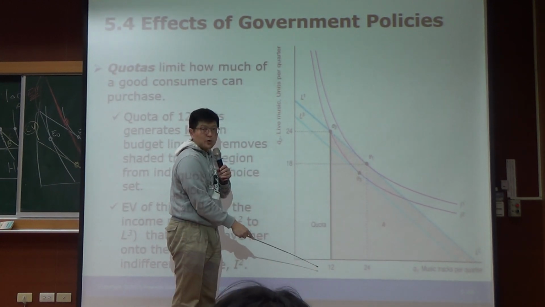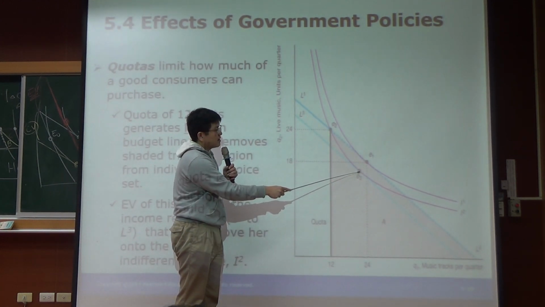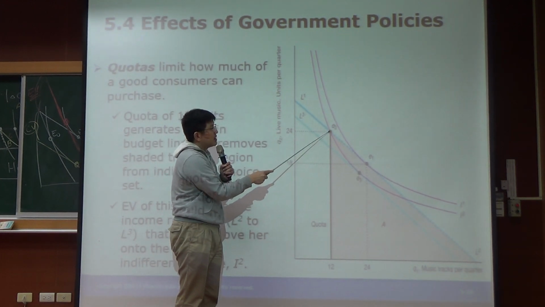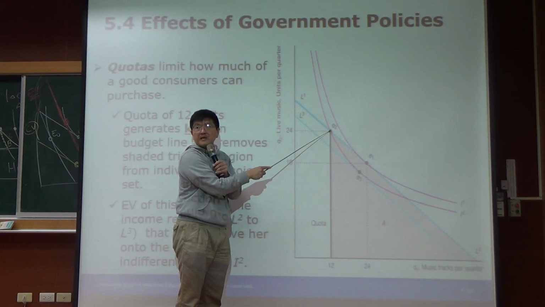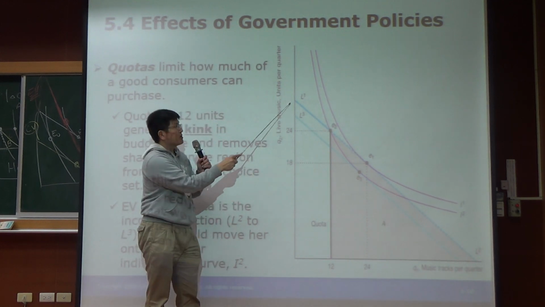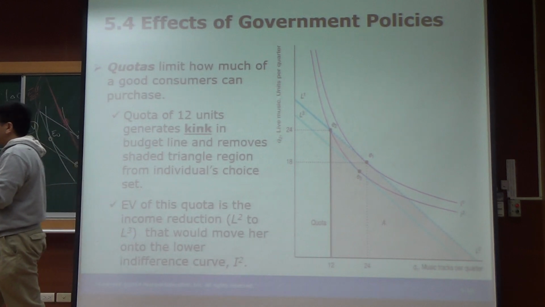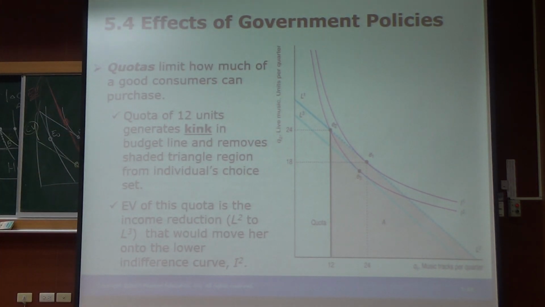And there is no quota. I will stay on E3, and I will feel as well as I were here. Okay? So this would be the maximum amount of money I'm willing to pay to bribe the government or to negotiate with the government.